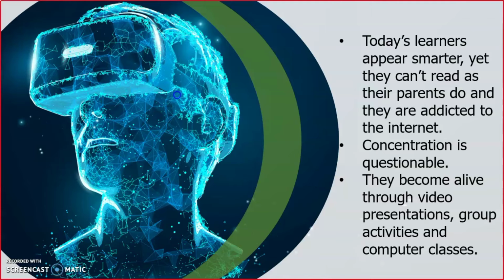Concentration is questionable because they are surrounded by a lot of gadgets that have different pictures, like browsing on Facebook, watching movies, and also having the possibility of downloading movies, games, and music while they are in online classes.